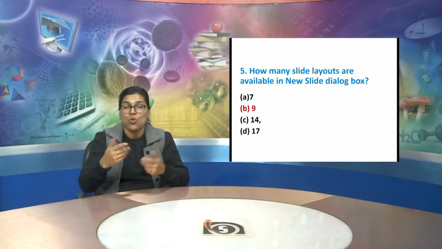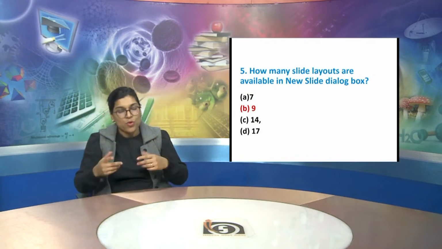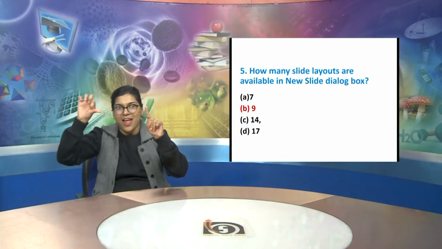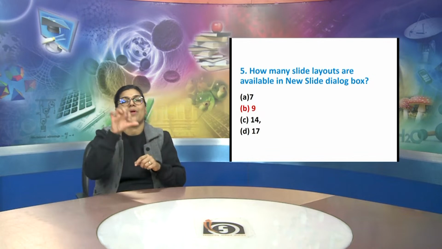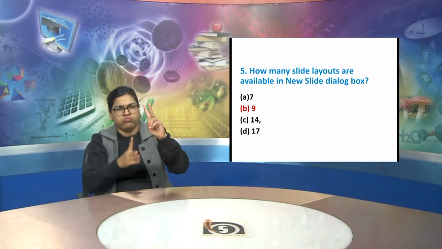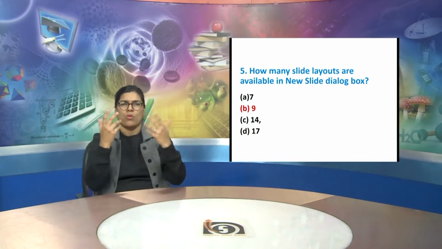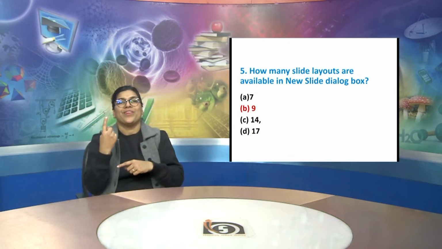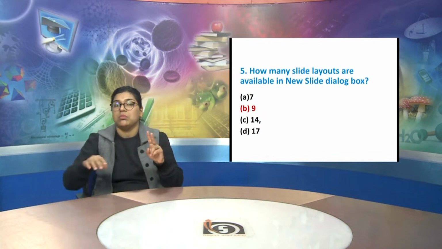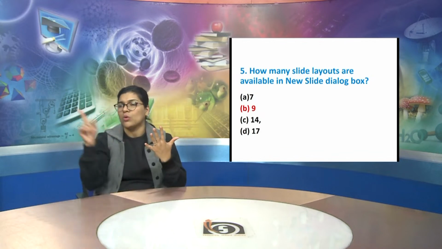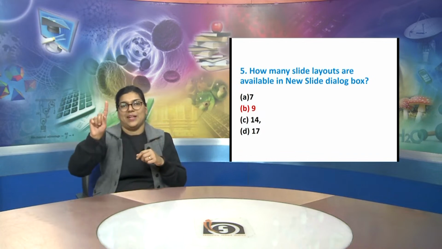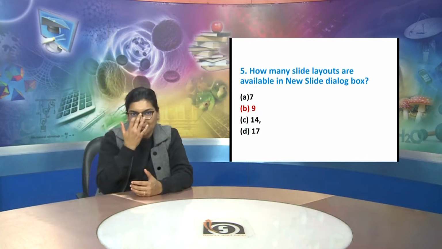We already discussed that there are a total of 9 types of slide layout, which we discussed in our lesson video. So option B is correct. There are basically 9 slide layouts, and we have to select any one out of all those provided 9 boxes.